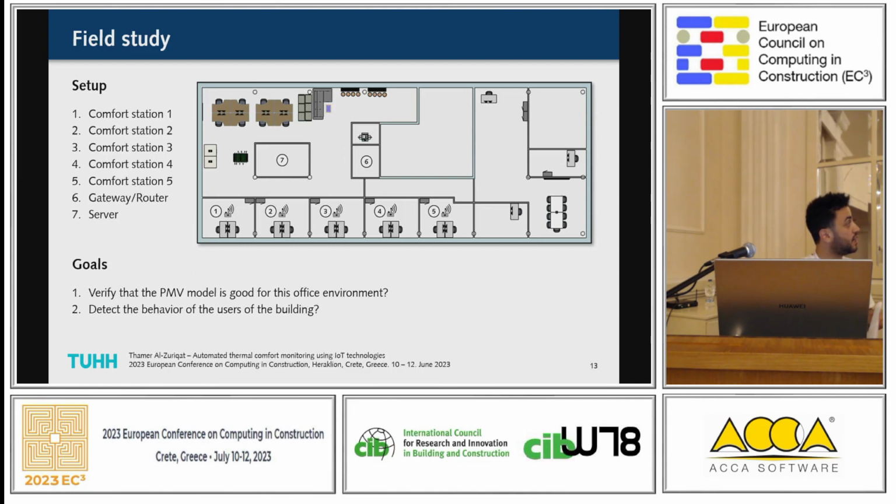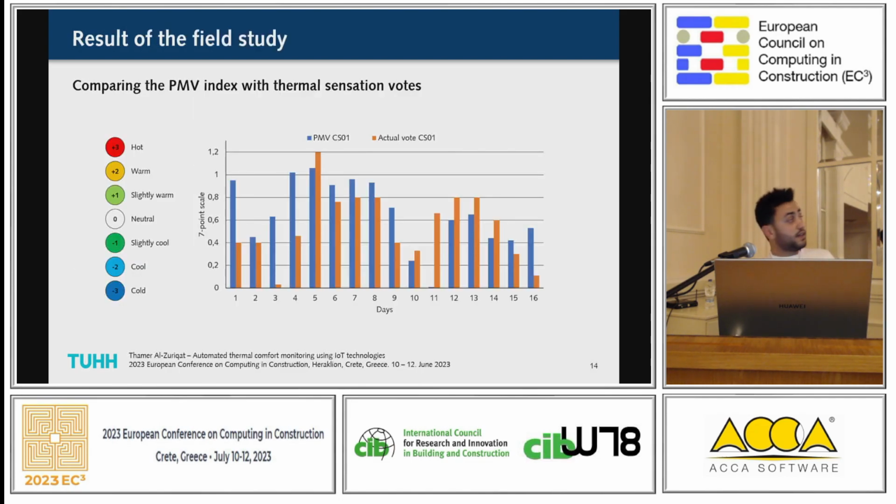And also, by collecting data using the thermal comfort stations, we managed to detect the behavior of the building users. At the end, we put the 2 values, the PMV value and the actual vote, together, and we can say from the results that the PMV predictions fit very well with the actual votes. We can use these results later to control the thermal comfort, not just for the whole building, but individually.